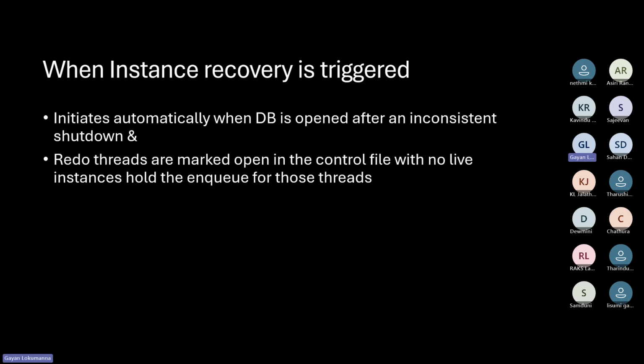That indication will trigger the instance recovery. So there are two things to satisfy. One, obviously you have to do an inconsistent shutdown or a crash. Plus, Oracle will also detect this through redo threads not getting closed properly at the time of the shutdown.